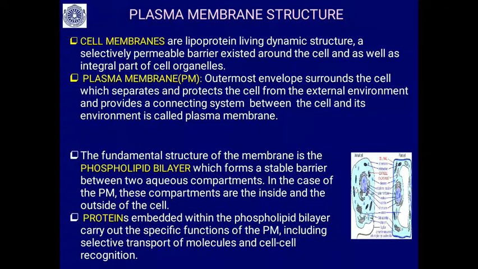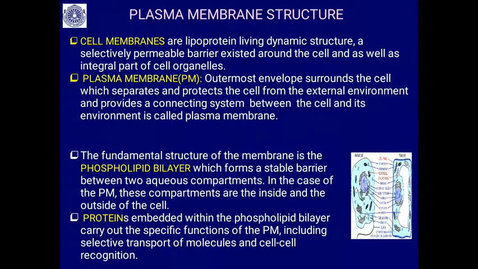In the case of the plasma membrane, these compartments are the inside and outside of the cell, and in other cell organelles, it compartmentalizes the cytoplasm, because cytoplasm is an aqueous medium. It is compartmentalized with the help of these membranous structures: endoplasmic reticulum, Golgi complex, mitochondria, and the nuclear membrane. All these compartmentalize the cytoplasm.